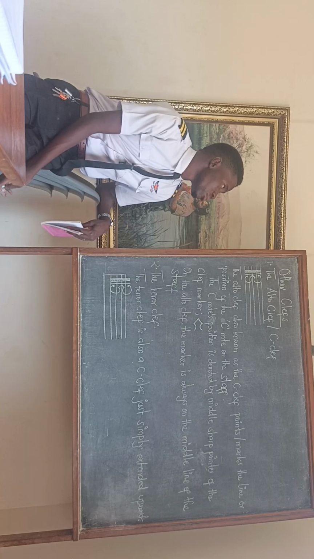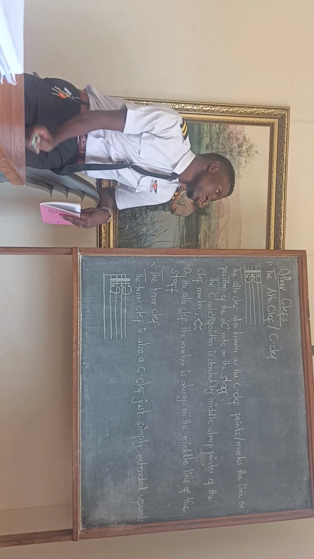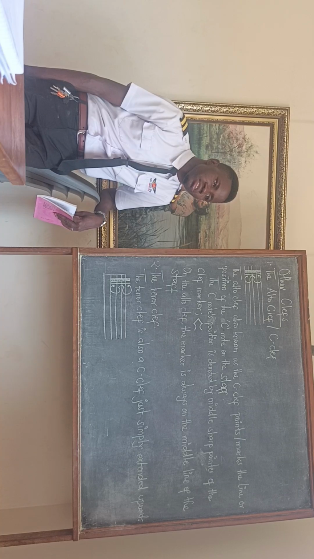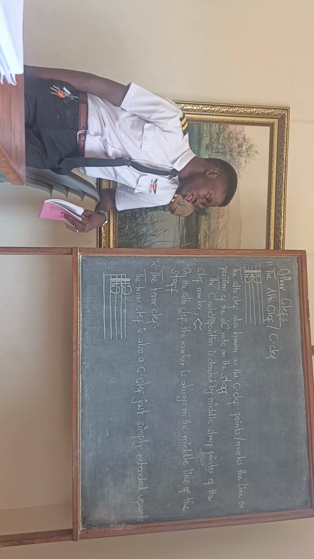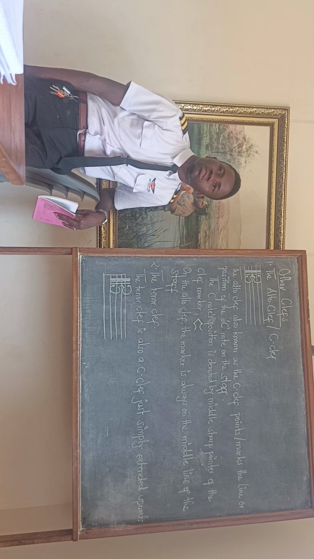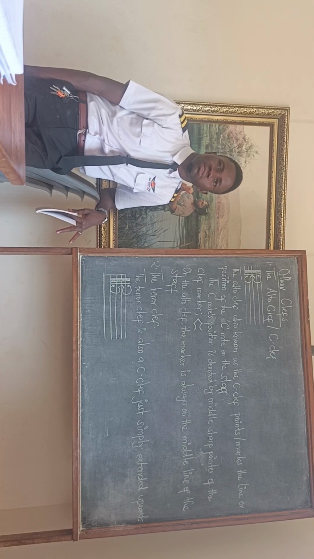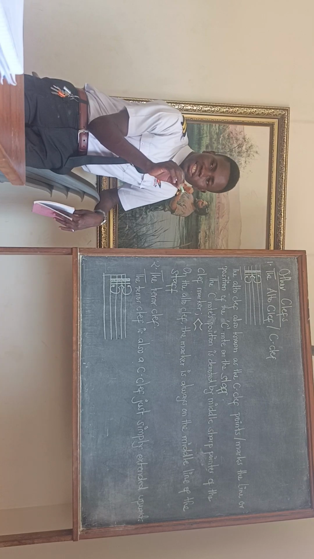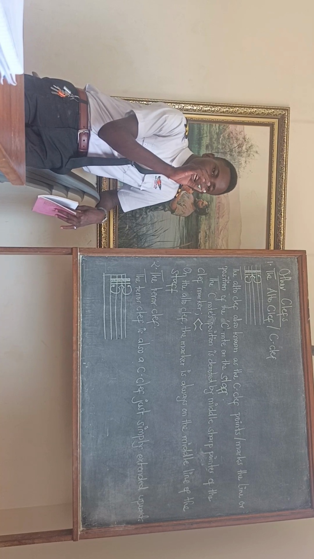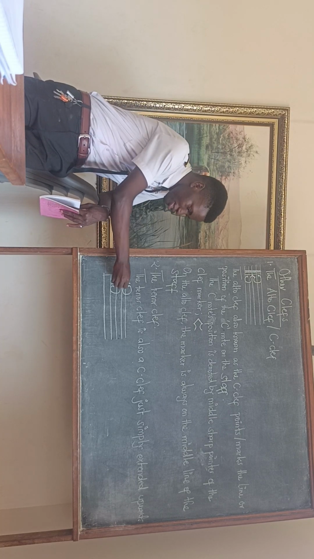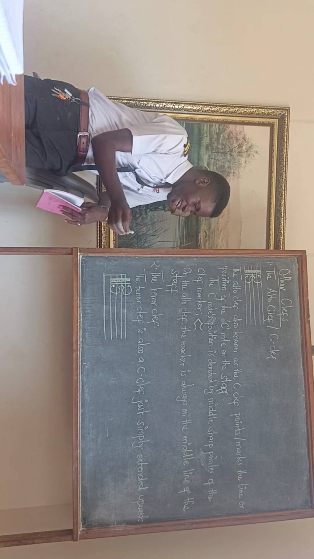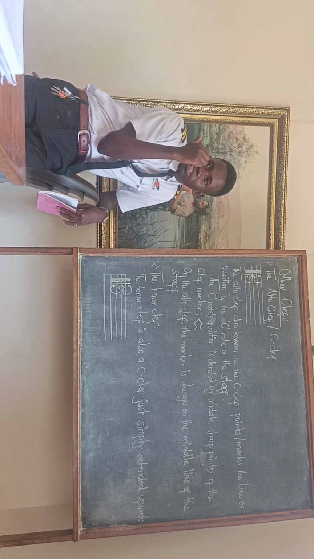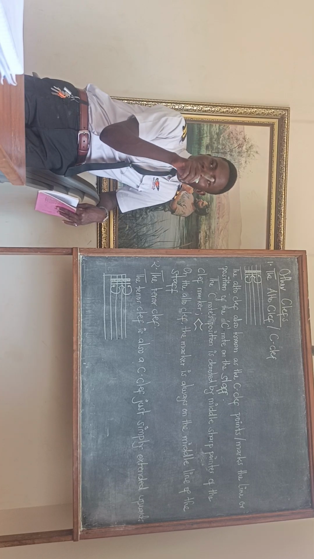Okay, so we have the other type of clefs, which is mainly what we study in music theory, the C clef. There are two main types of C clef: the alto clef and the tenor clef. Notice that the C clef is designed in such a way that it is two C's facing opposite sides, joined together.